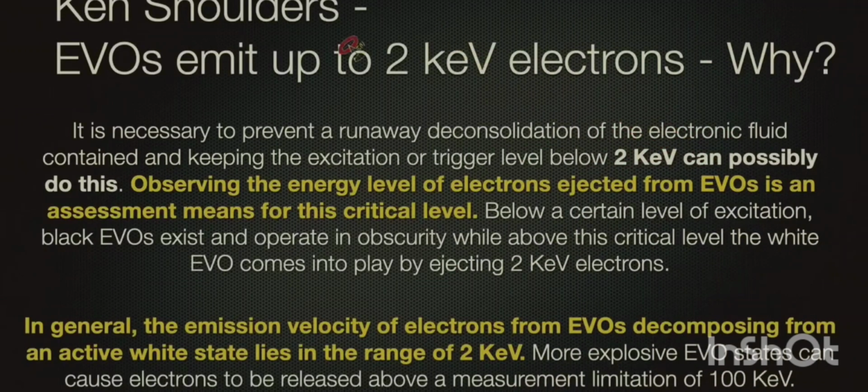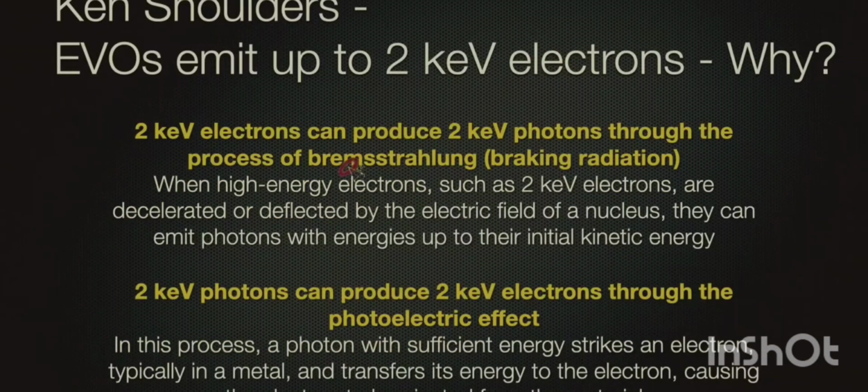That the observation, which I have never had a proper explanation for, the observed electrons that come out of an exotic vacuum object when it's going from the white to the black mode, that these possibly are the result of this interplay that can occur where photons can produce electrons by hitting a metal.